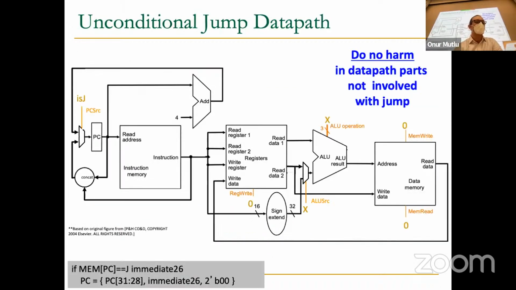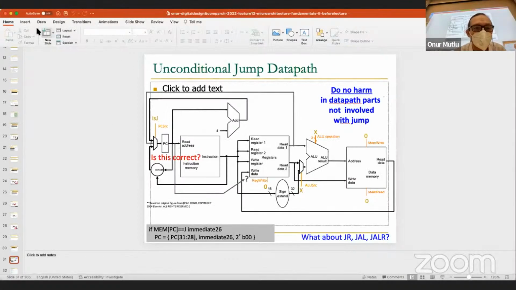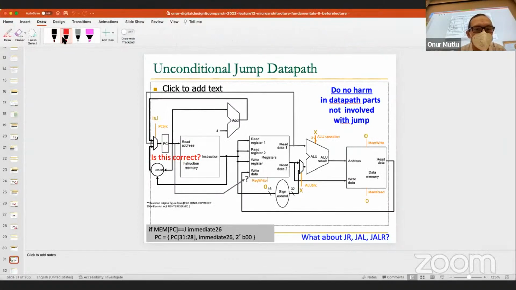So what we did was wrong over here, and you should be careful when you're designing a processor. Don't do the wrong thing. What we should have done is really take PC, add 4 to it, and do the concatenation. Basically, input to the concatenation should be from here. So let me actually show that over here, if I can draw. So basically what we should have done is this.